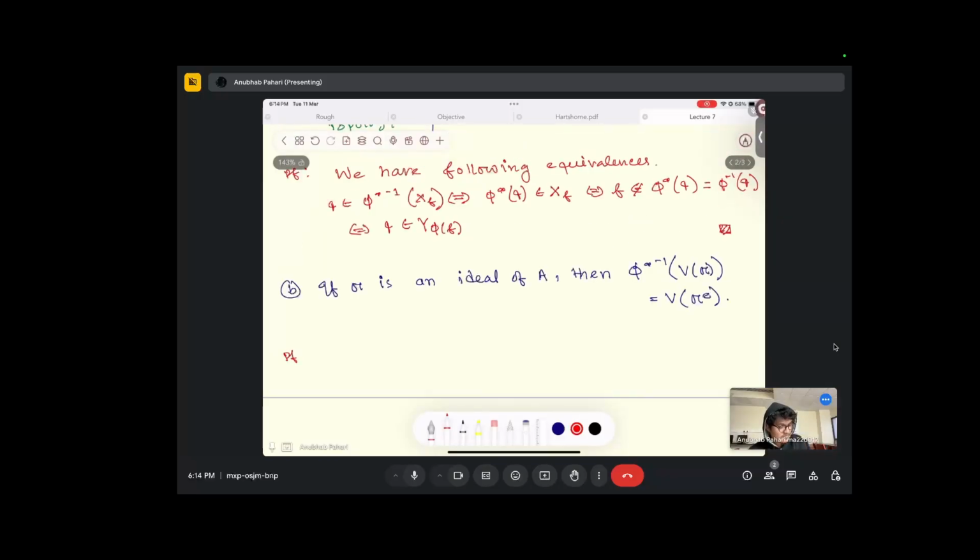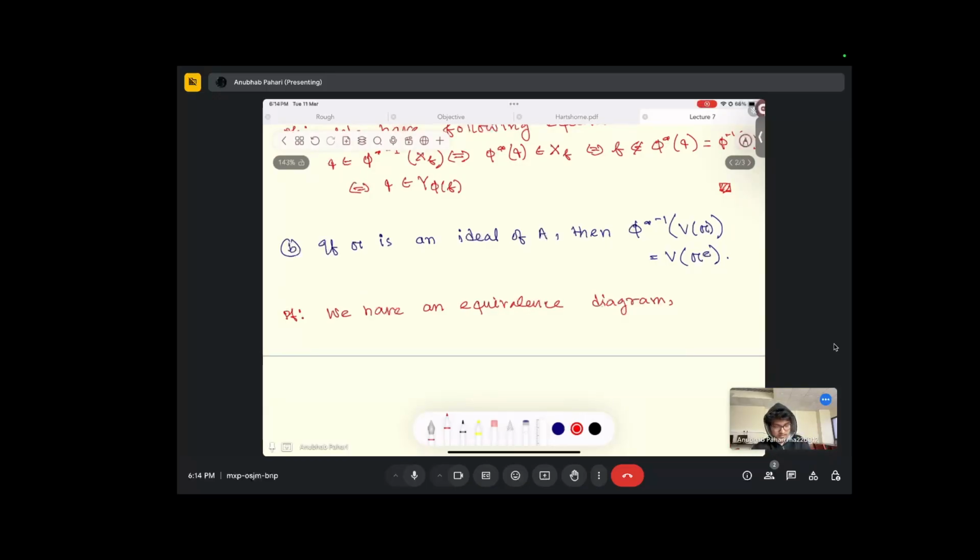Proof. We have an equivalence diagram, that is Q of phi star inverse of VA.